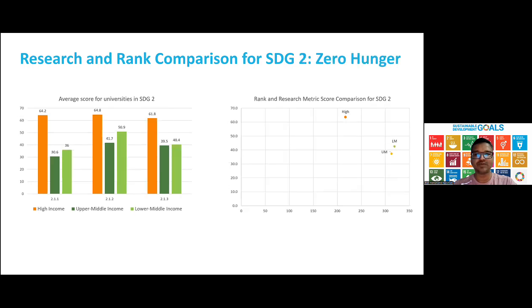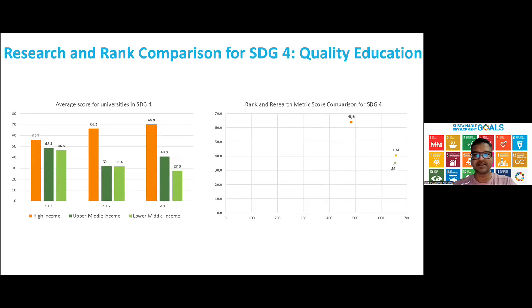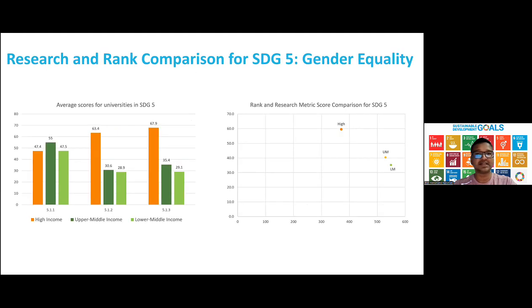Similarly, SDG 2, zero hunger, the lower middle income countries are higher than upper middle income countries. But for SDG 4, the high income and the upper middle income are higher than lower middle income countries. SDG 5, a similar picture.